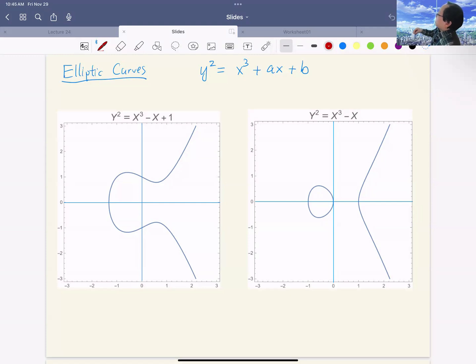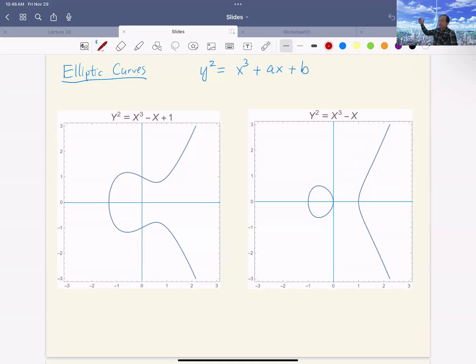And if you have three real roots, then the curve is usually split into two components: a little egg-shaped thing, and also an infinite curve. Remember, it is a cubic curve, so it goes very fast. Any linear line will eventually cross it, because linear is not faster than cubic. So these are the situations.